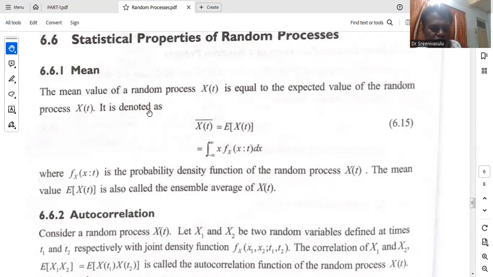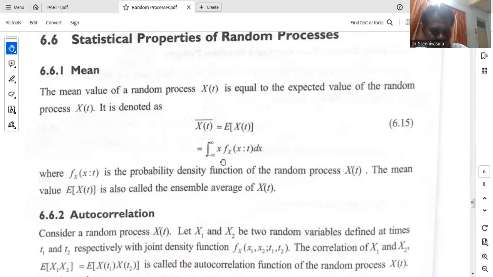Expected value of x is equal to integral from minus infinity to infinity of x into fX(x) dx in the random variable case. The same formula, instead of x, we are going to write as a function of time: mean is equal to expected value of x of t, which is the integral from minus infinity to infinity of x into fX(x; t).